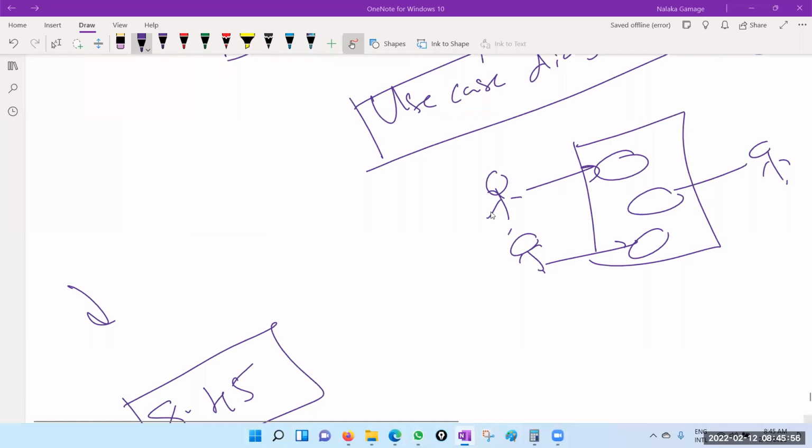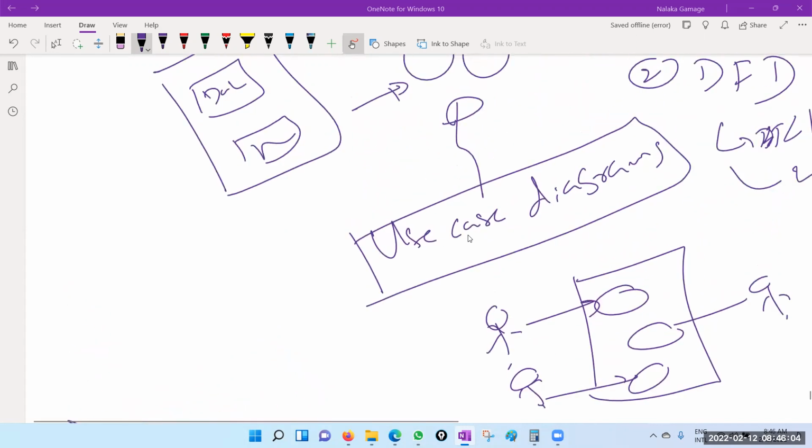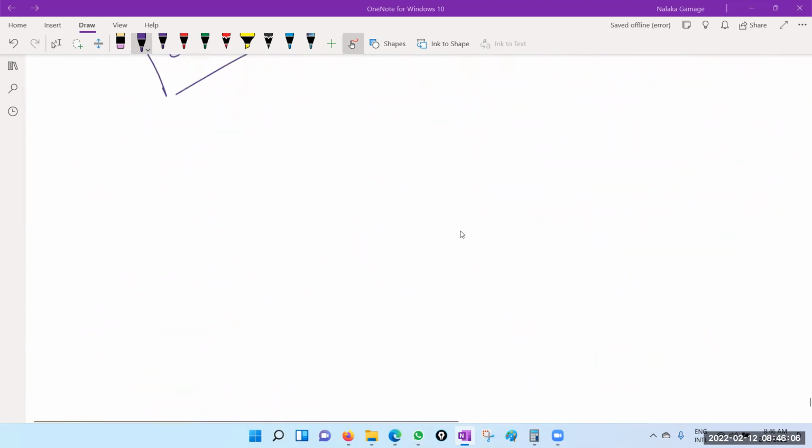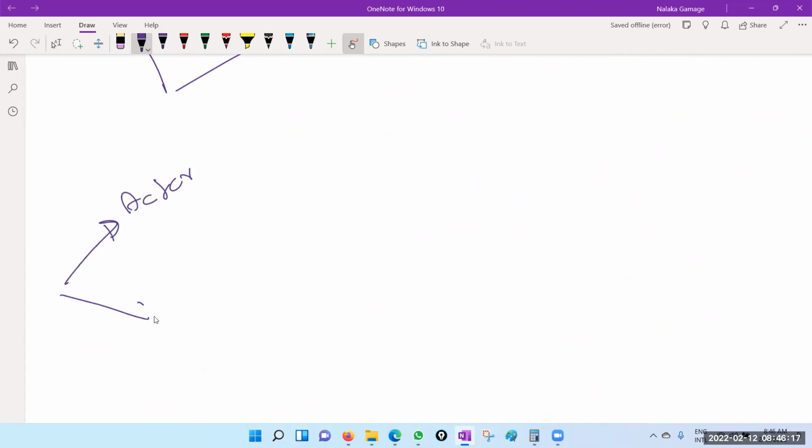When it comes to use case diagrams, that is the main way that we use to model requirements in object oriented system analysis and design. Okay, so there are a few concepts. Mainly you have actors, then you have use cases.